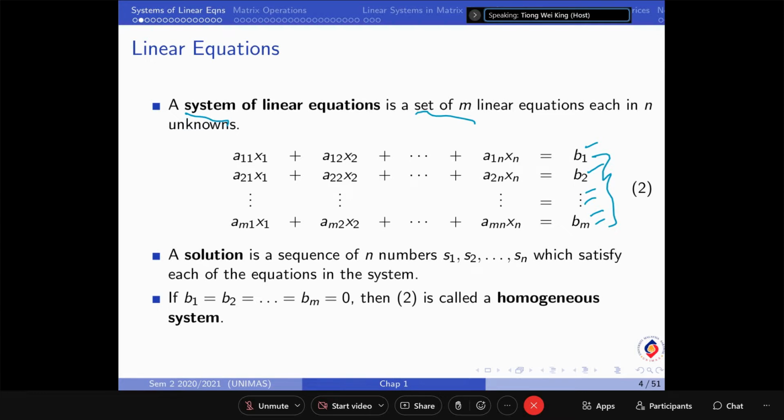A solution to the system is a sequence of n numbers which satisfy each of these equations in the system, meaning the solution must satisfy equation 1, equation 2, equation 3, and until the last equation. Otherwise, it is not a solution to the system. Now, if b1, b2, until bm all equal 0, then the system is called a homogeneous system. Homogeneous means the right-hand side equals 0.